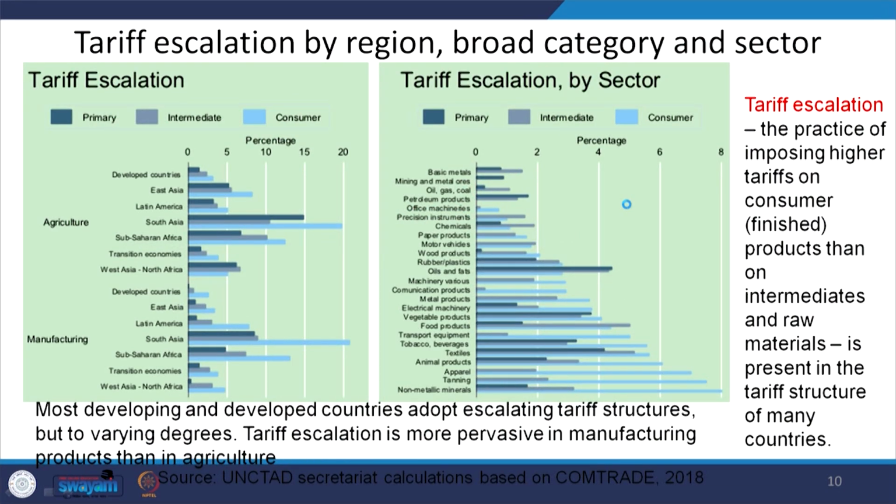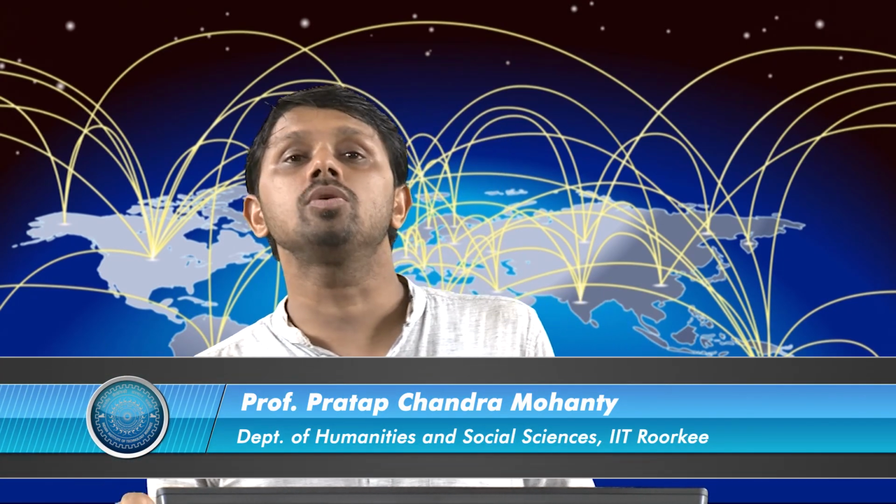Now, one of the important aspects of our understanding of the latest facts and figures is tariff escalation. I think we have already mentioned in our earlier lectures that tariff escalation is the practice of imposing higher tariffs not on intermediate goods, rather higher tariffs on the finished goods, in order to facilitate trade in the intermediate goods.